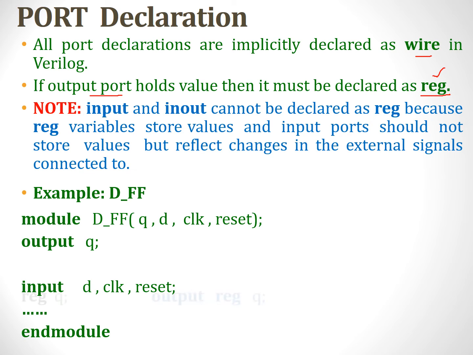So it is important that we include this line, reg Q, after the output declaration, especially for programs where the output must be constant or it should hold the value. Alternatively, these two lines can be combined and you can write a single line as output reg Q also. Verilog supports this kind of declaration.